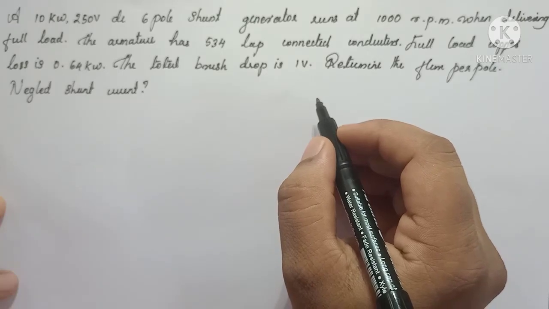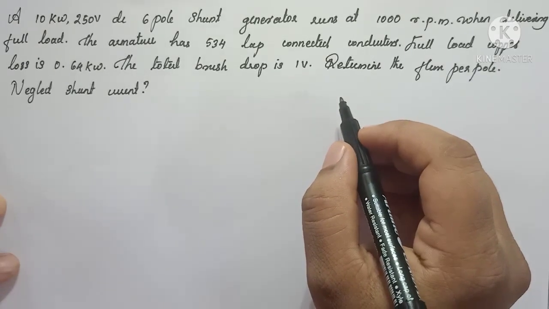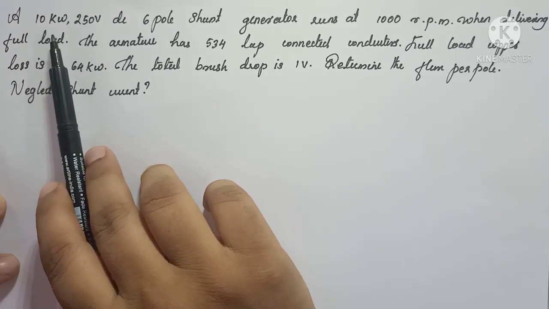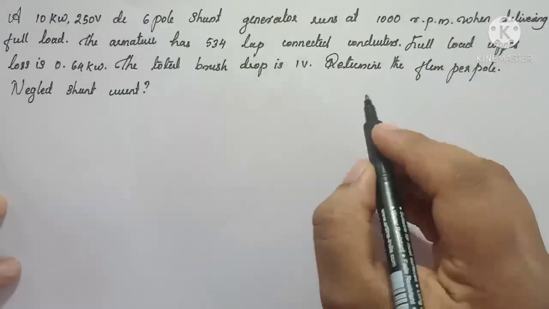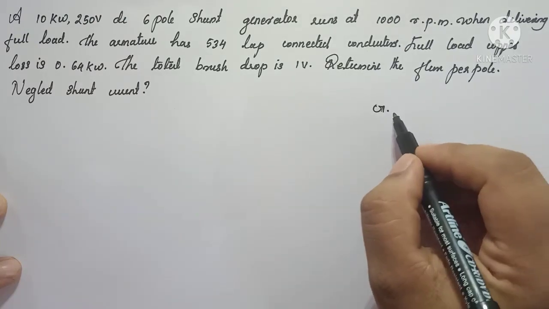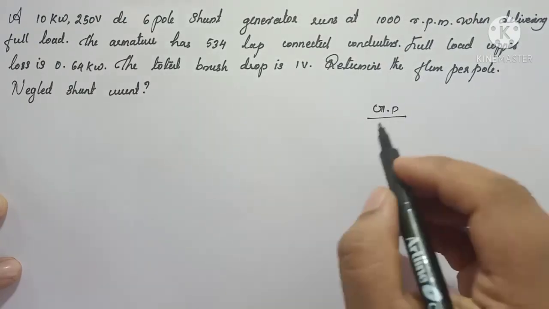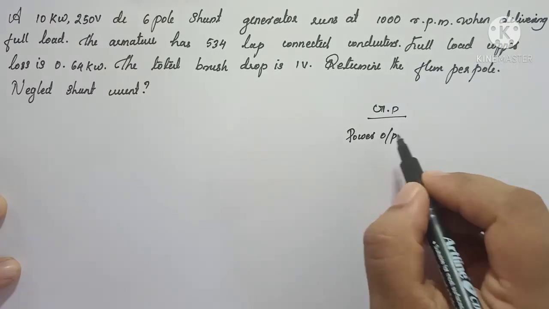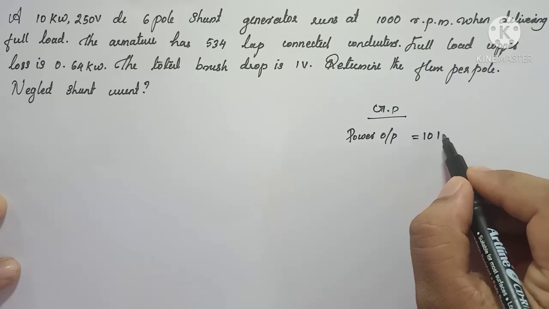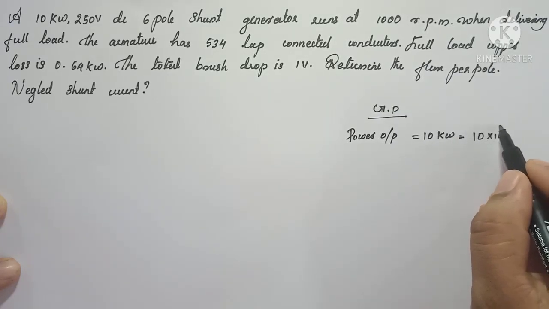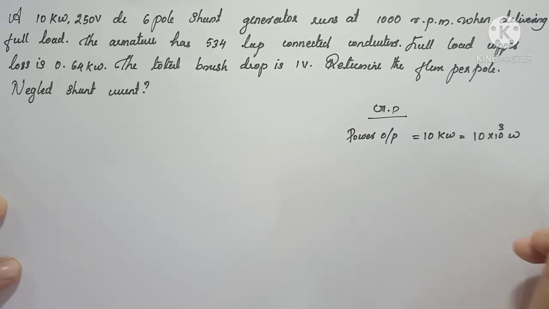First, we can write what are the given data found in this problem. First, 10 kilowatt, that is the output power. So, given data: power output is 10 kilowatt, that is 10 into 10 raised to 3 watts.